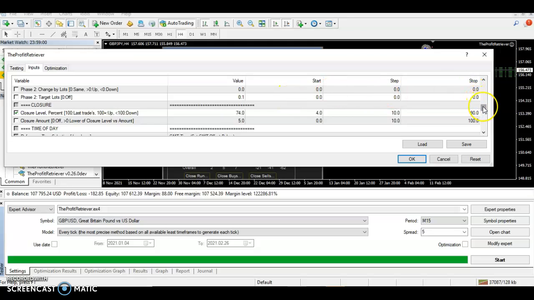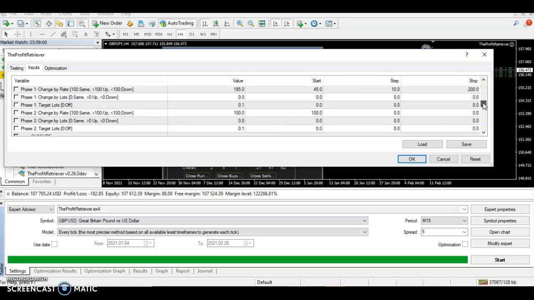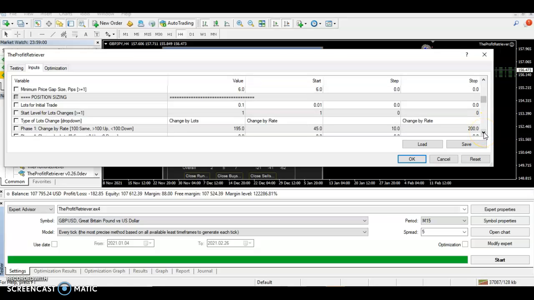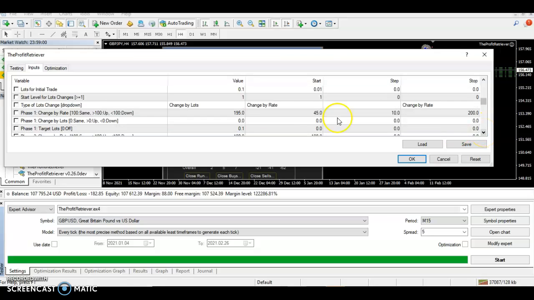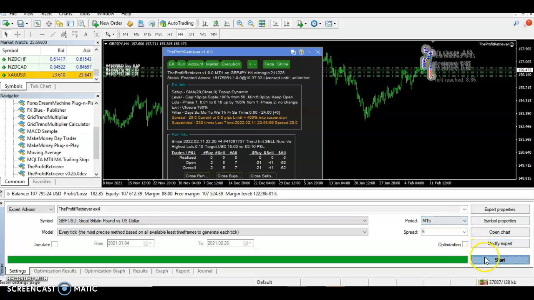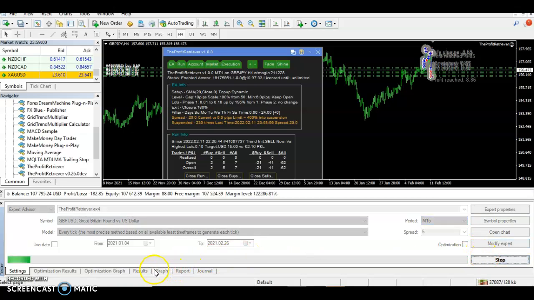I'm targeting 0.1 lots, and this current way to trade is basically changed by lots. You can change it by rate, but right now I'm using change by lots. So let's go into the test and see what we can come up with.